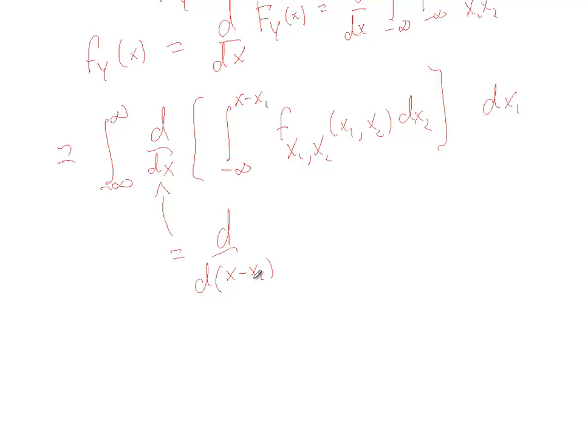Now what do I have here? I have exactly the fundamental theorem of calculus. I'm taking the derivative of an integral, and the derivation variable is the same as the integration variable.